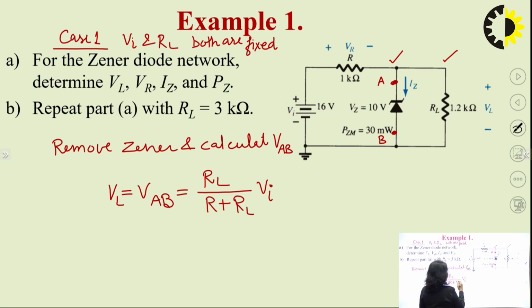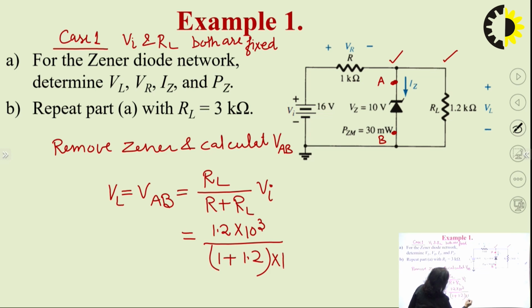If we calculate this, it will be equal to 1.2 into 10 to the power of 3 divided by 1 plus 1.2 into 10 to the power of 3, times 60.